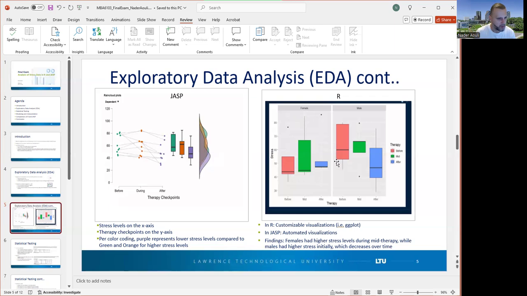Based on the color coding, the red represents the before therapy, the green represents the mid therapy point, and then the blue is the after. So based on that, per findings, we found that females had higher stress levels during mid therapy, while males had higher stress initially, which decreased over time.